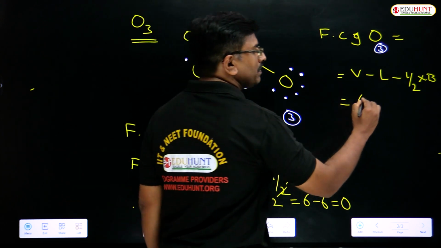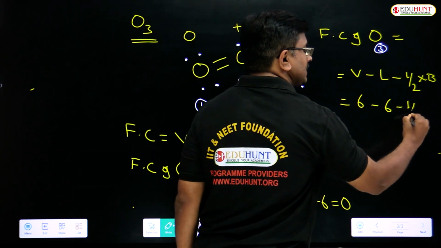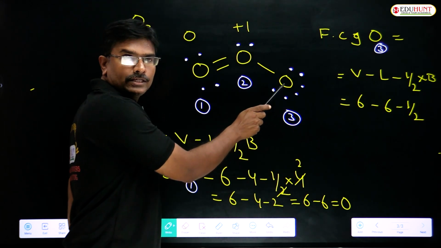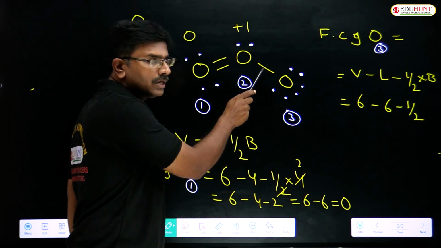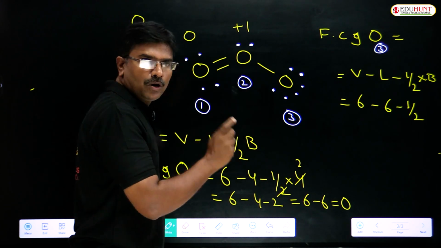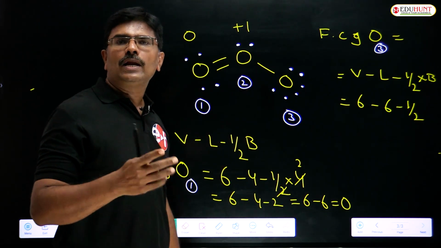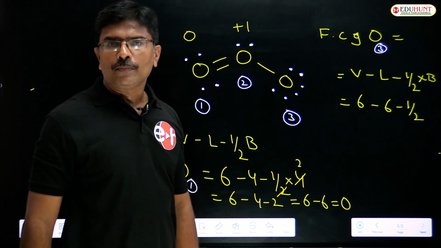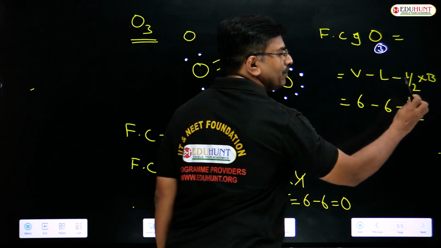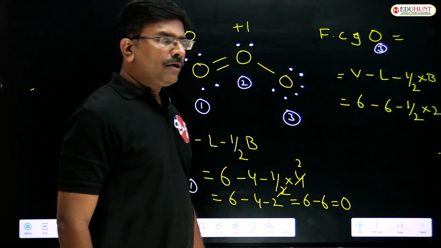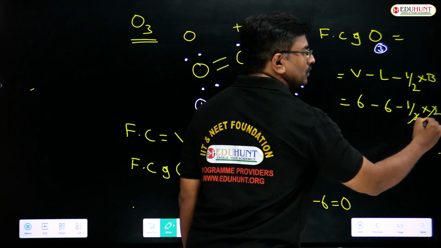Okay, so 6 minus 6 minus half into number of electrons in bond pairs. This oxygen has got only one bond. It is attached with only one bond pair. Understood? So since it is one bond, it has got 2 electrons in its bond pair. So in the place of B, we should substitute 2. Okay, now calculate this. 2 cuts this 2 one time.